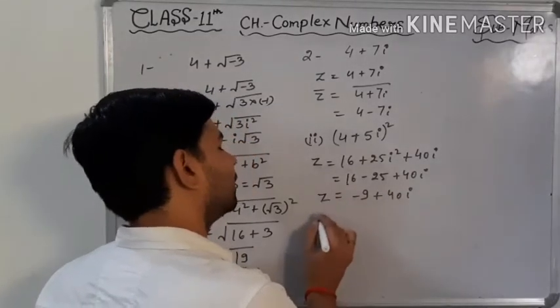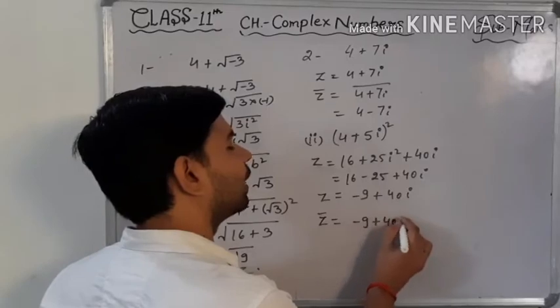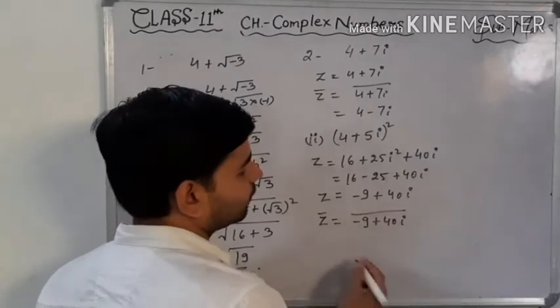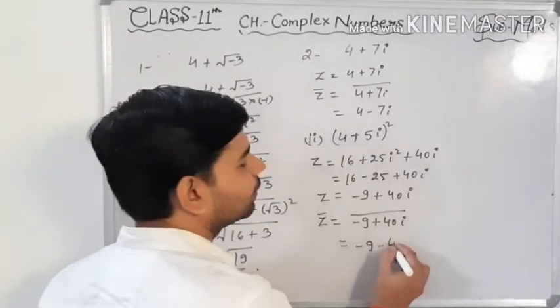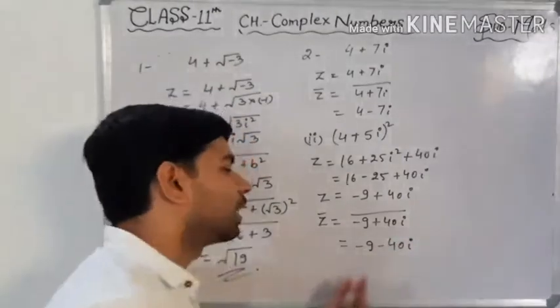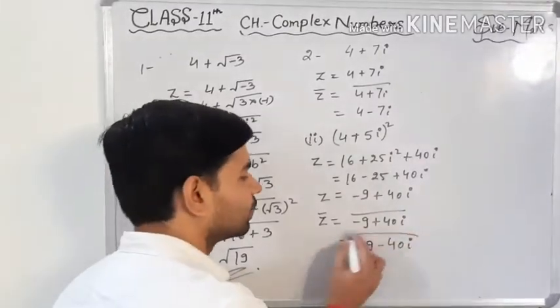This is z. Z bar is equals to its conjugate, equal minus 9 minus 40i. The sign of only imaginary part will be changed. So this is your answer.